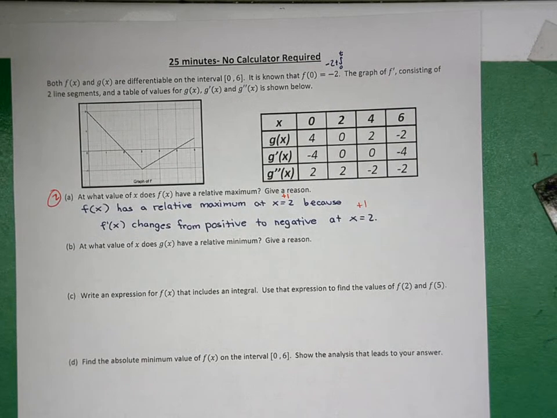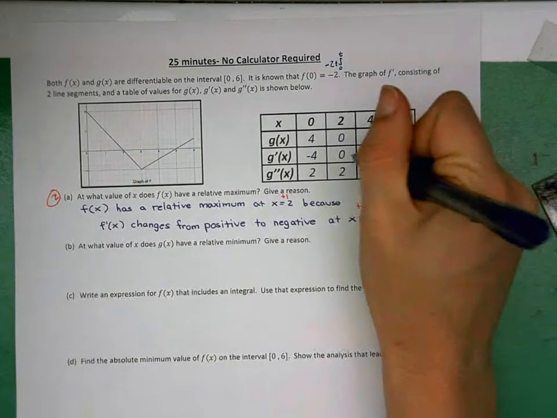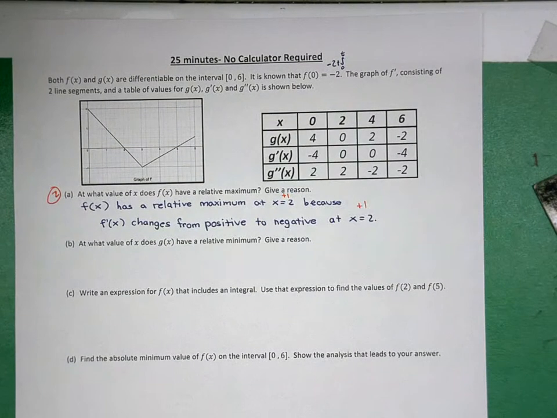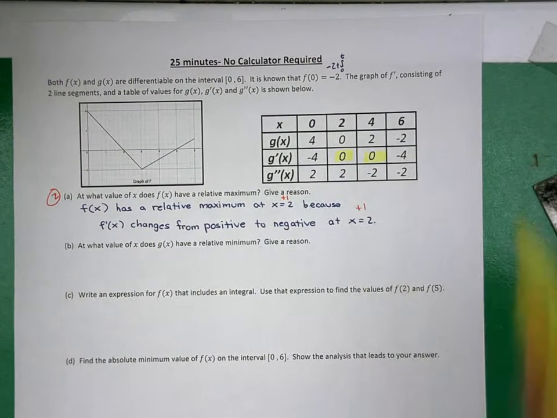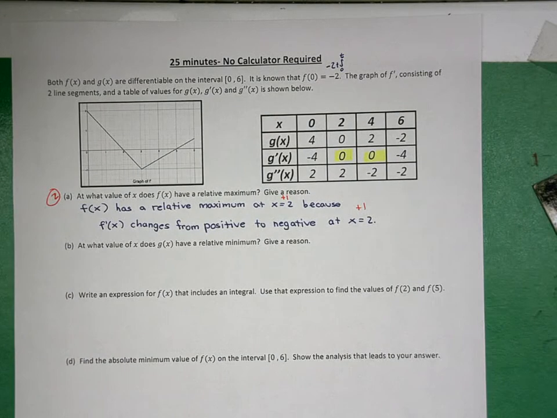But walking through part B here, which was worth 2 points: at what value of x does g of x have a relative minimum? Give a reason. First of all, where does a relative minimum occur? A relative minimum occurs when the first derivative equals 0, which is here and here, and where your first derivative changes from negative to positive.